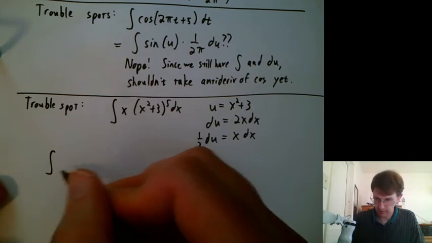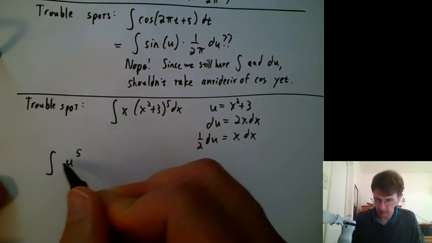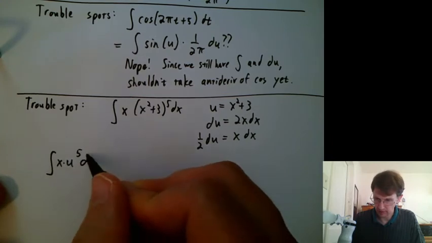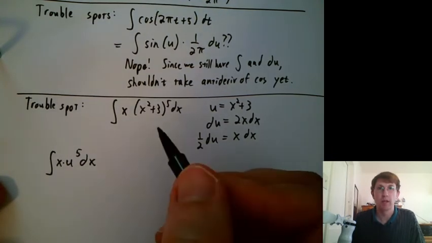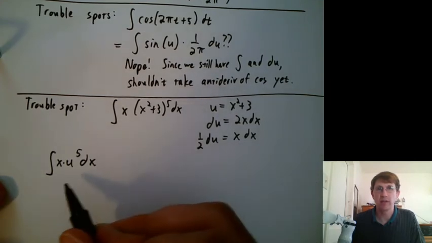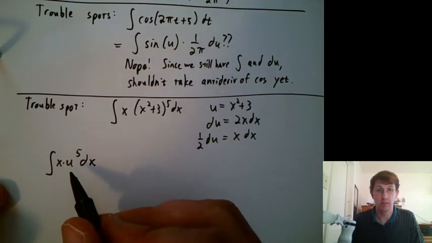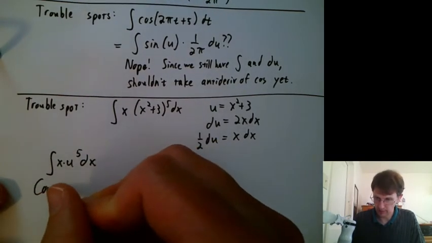Can I write this as the integral, replace this with u to the 5th, and then I still have the x and the dx? What do you think? Well, I would say this is technically not wrong, but very, very likely to lead you into trouble. So I'd say this is confusing.